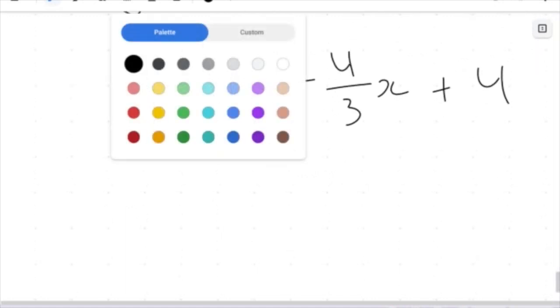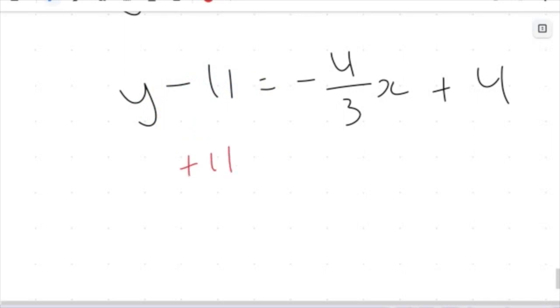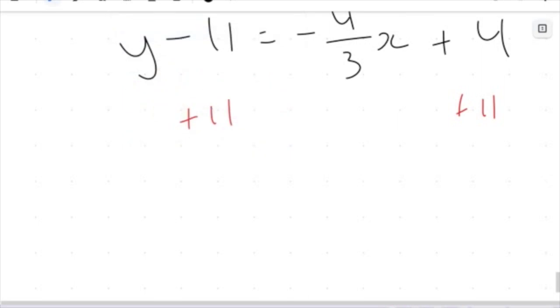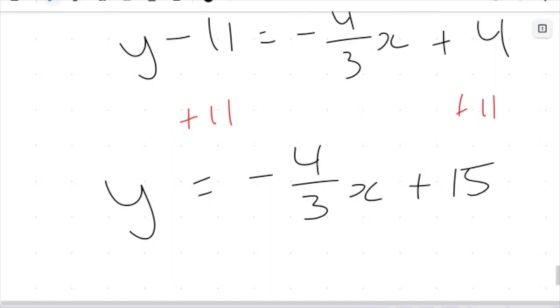And I just want to rearrange the equation to make y the subject. So I'm going to add 11 to both sides here. And I wind up with y equals minus 4 over 3x plus 15. That is the equation of my line.